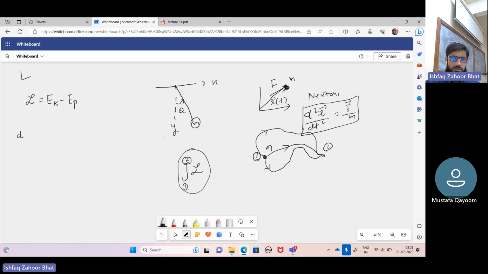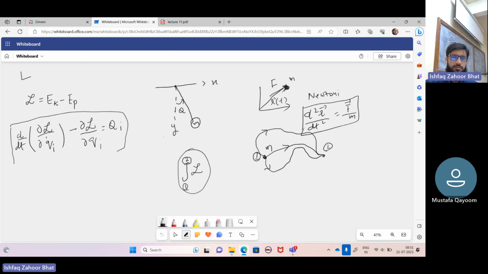The equations are like this: d by dt of partial L upon partial qi dot minus partial L upon partial qi equals zero.